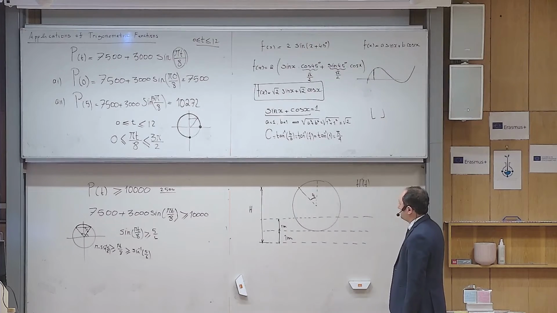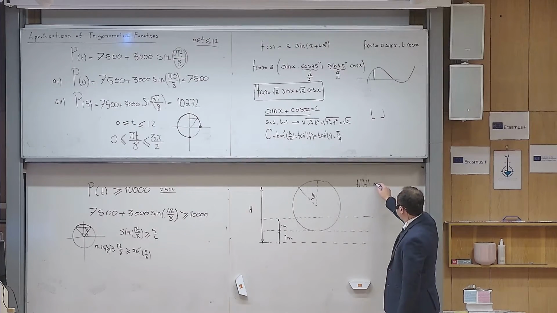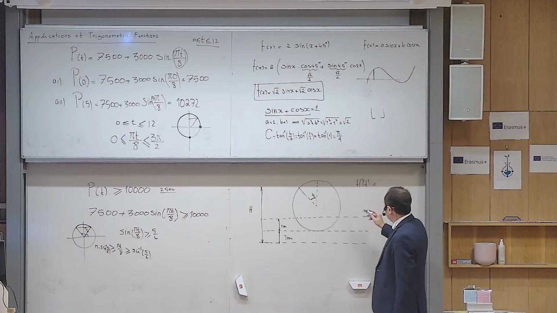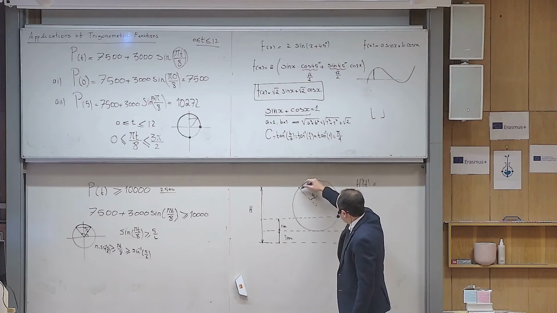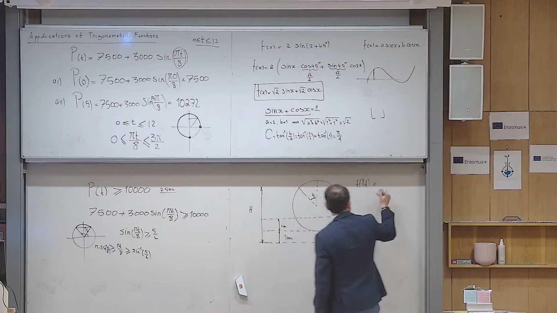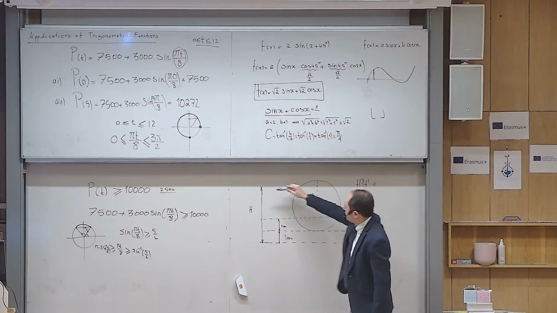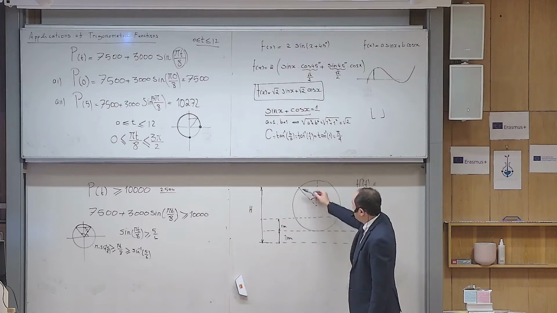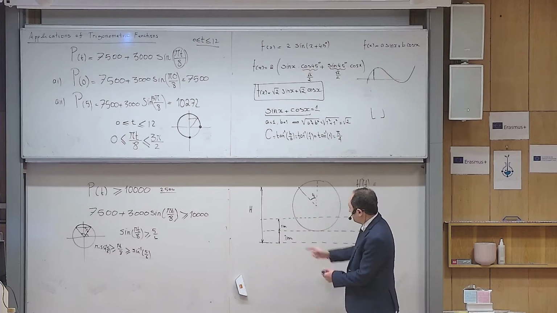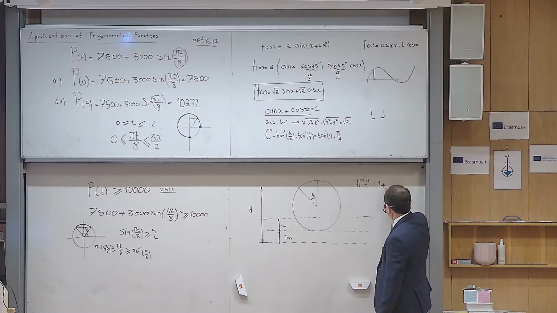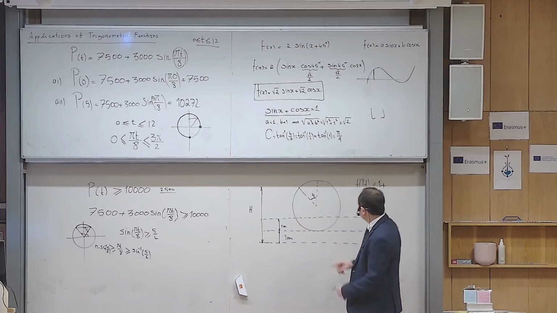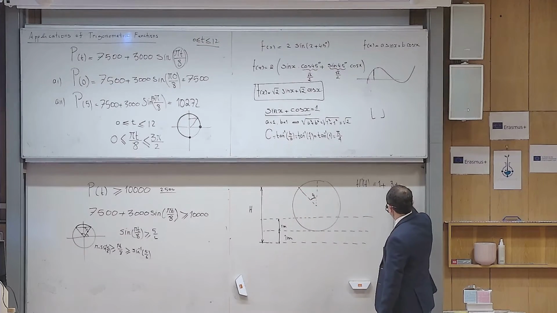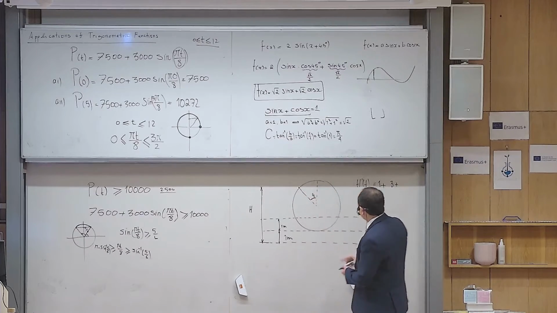So how can we solve the problem? If I want to find h as a function of time, h of t is what? Can you tell me? h of t is from here to here. From here to here is 1 meter. From here to here is the radius, which is 3, plus 3 times cosine theta.